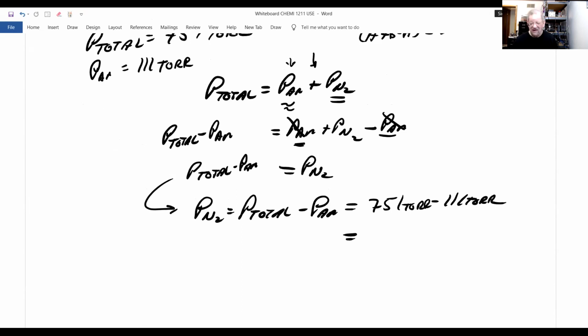I'll pick up my calculator or do this in my head. And that's our answer. Now, I haven't talked about it, but subtraction is just like addition. You get the same number of significant figures to the right of the decimal as the number that has the fewest significant figures to the right of the decimal. And that's the chapter 6 problem set.